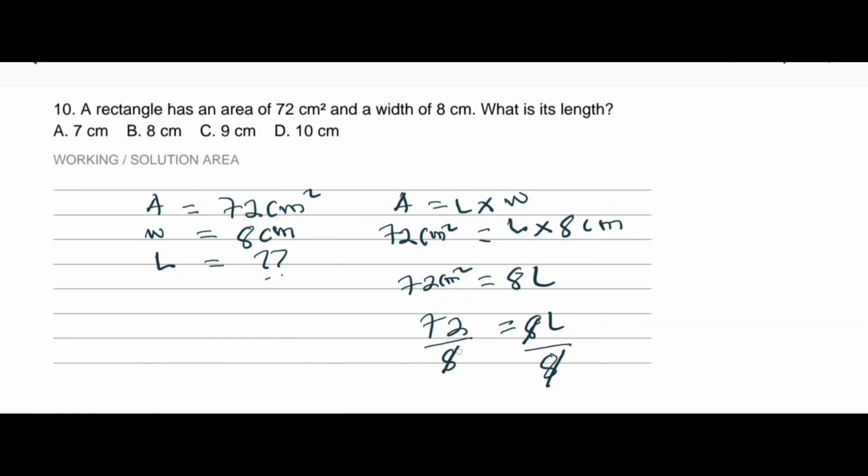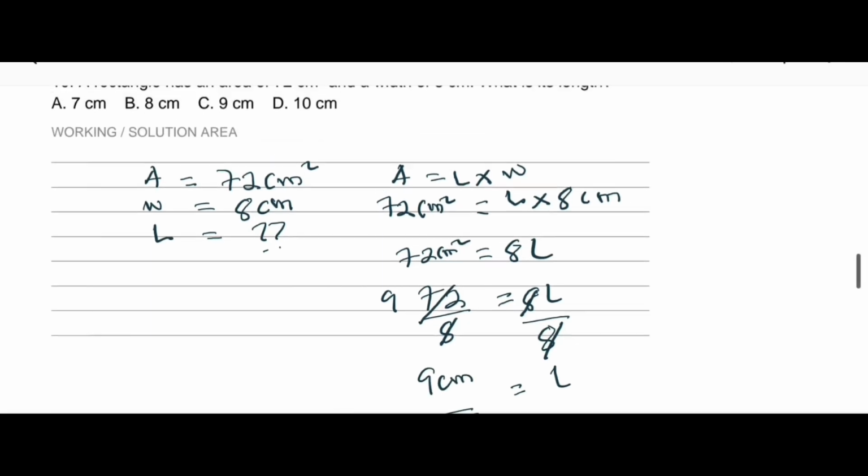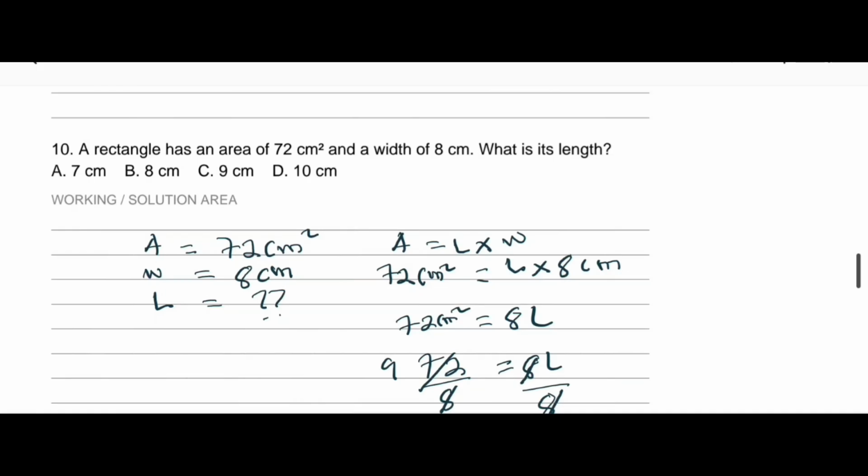Then this 8 will go into 72 9 times. So the value of the length will be 9 centimeters. So the answer is C, 9 centimeters.